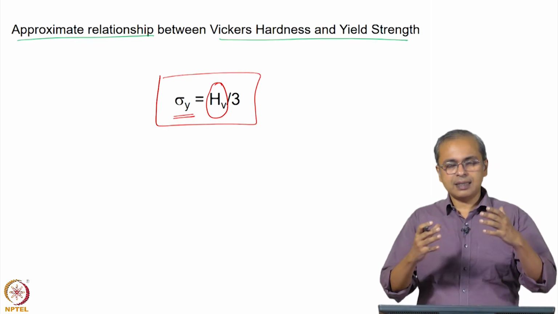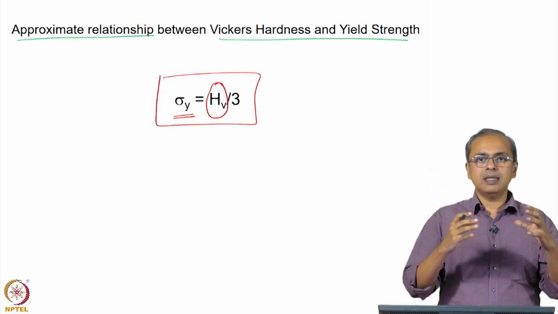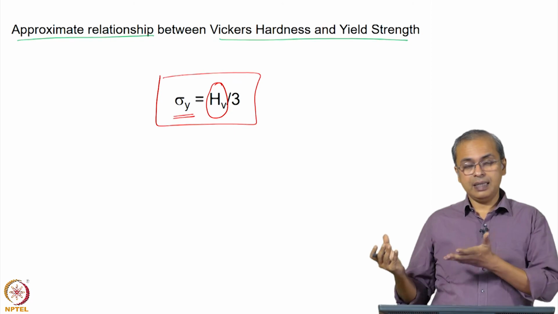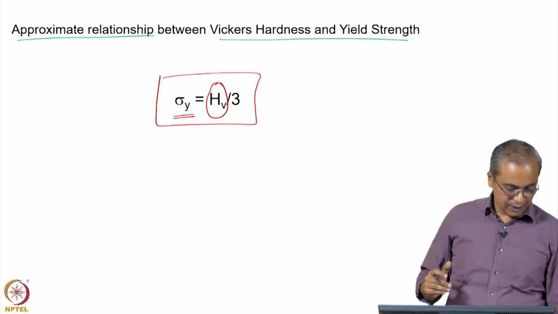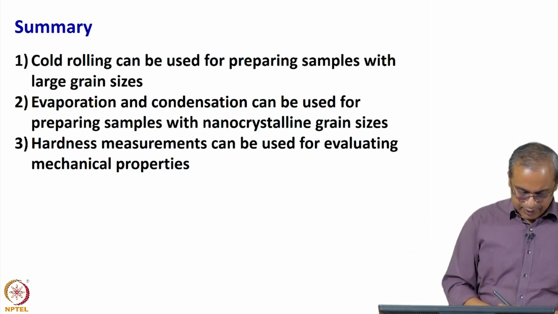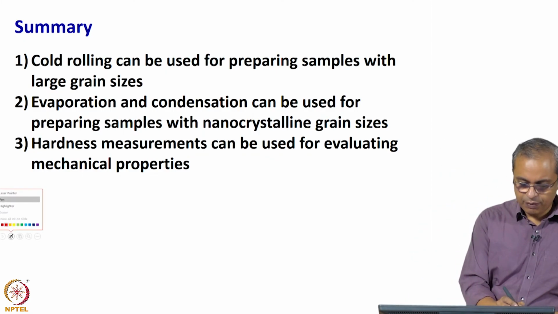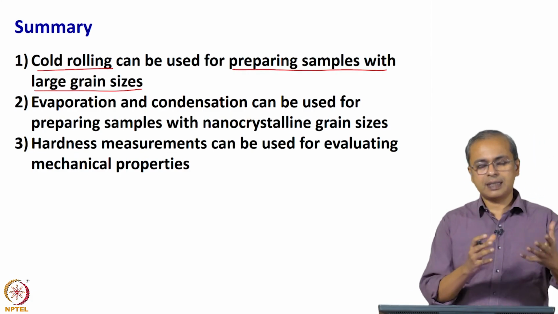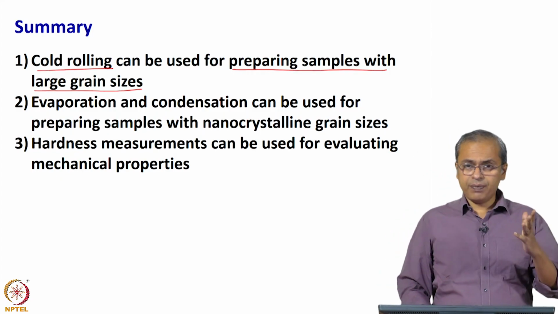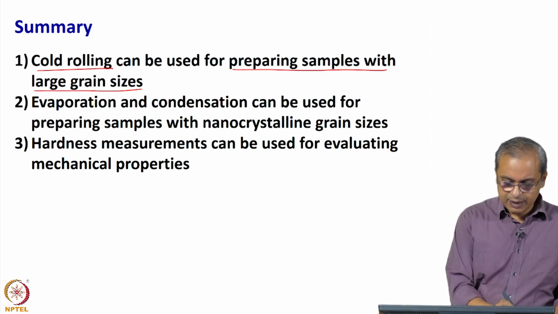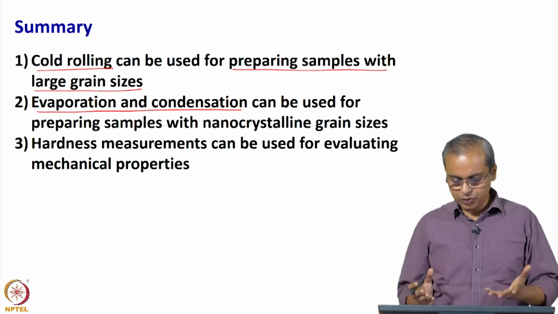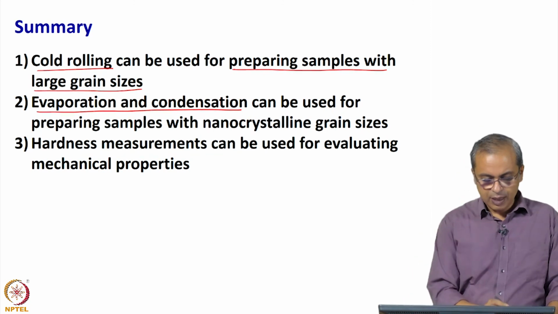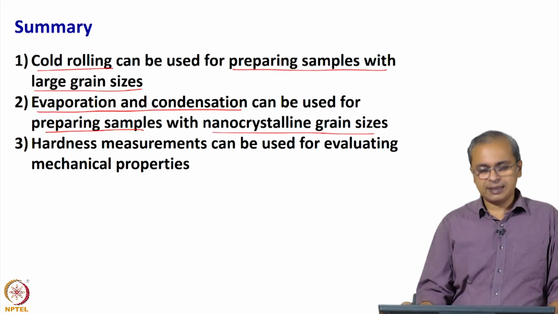So, we have seen in this class how to make macrocrystalline materials, how to make nanocrystalline materials, and how to get the mechanical property of it using hardness. In summary, cold rolling can be used for preparing samples with large, macrocrystalline grain size. Different types of evaporation and condensation processes can be used, based on the system that you are working with, for preparing samples with the nanocrystalline grain size.